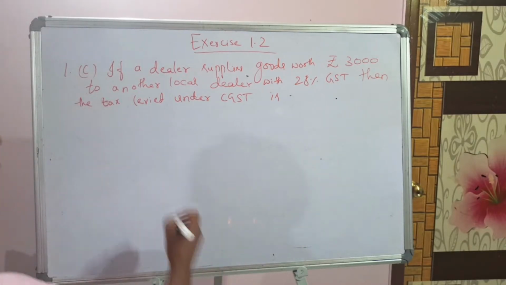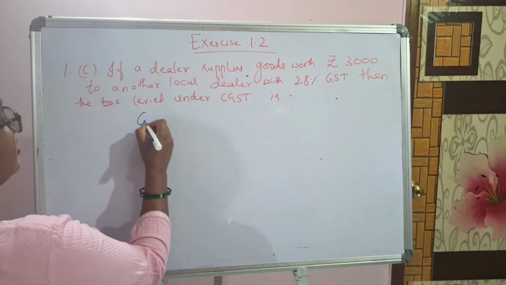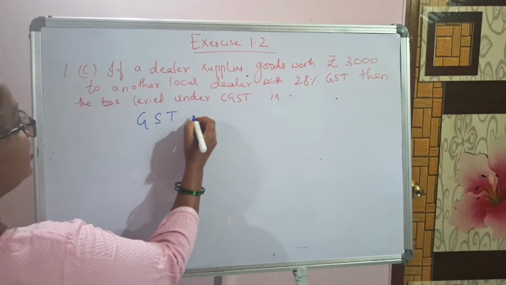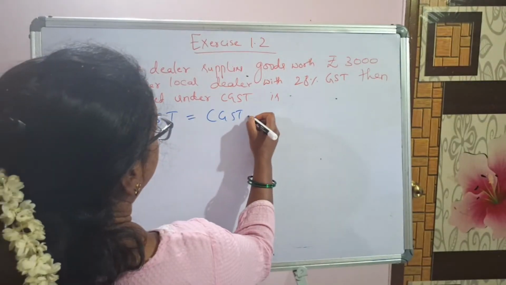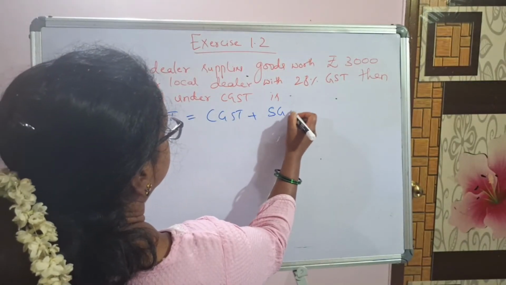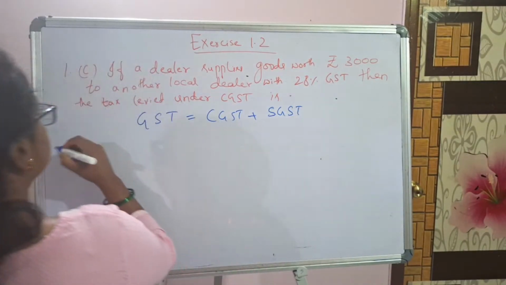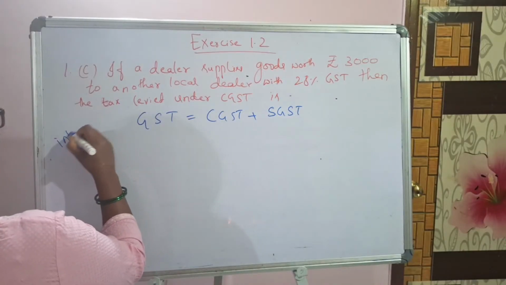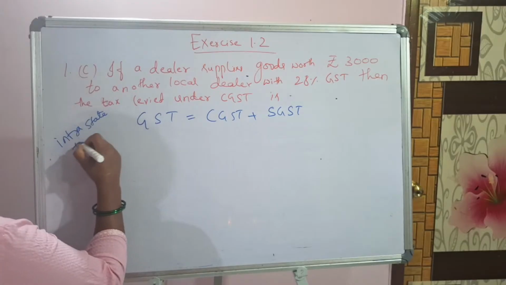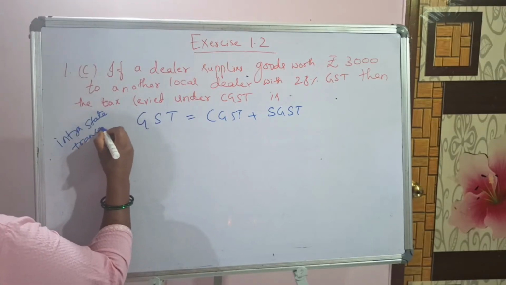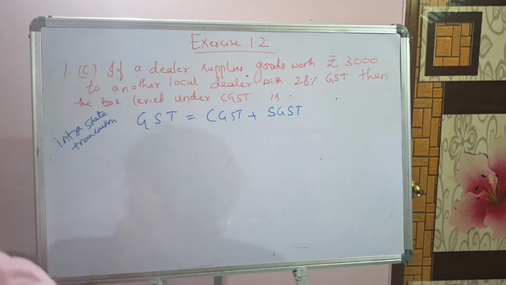That means GST is equal to CGST plus SGST since it is an intrastate transaction.